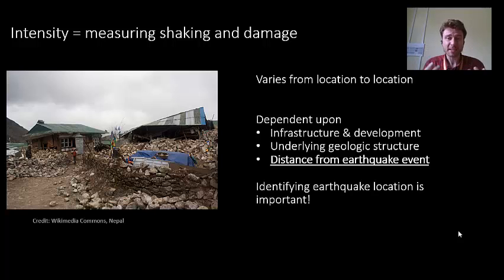So that means identifying an earthquake location is really important. And while intensity can give us that quick data in order to respond to earthquakes, it doesn't tell us the whole story. So we have to look into the background information behind earthquakes to really understand in more depth.